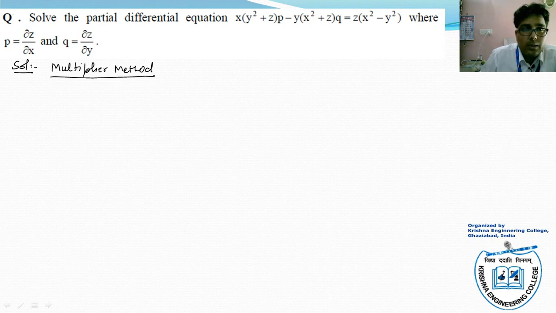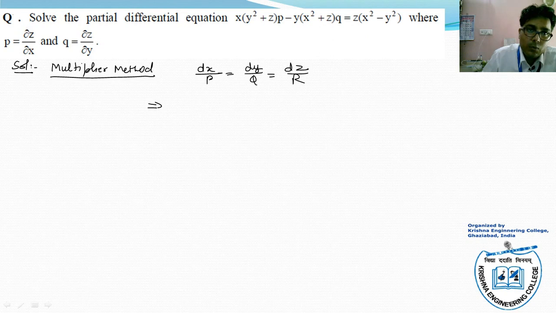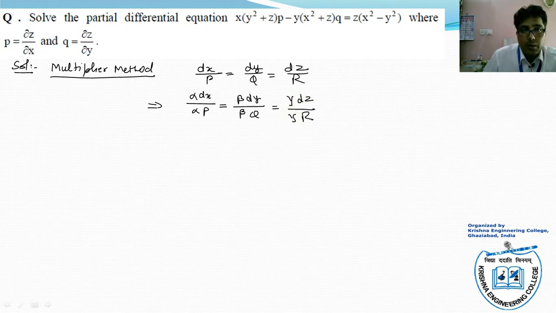Suppose the Lagrange equation is dx upon P, dy upon Q, dz upon R. Clear? If we multiply numerator and denominator by a constant, suppose alpha dx upon alpha P, multiply the second ratio by beta, beta dy upon beta Q, and multiply the third by gamma, gamma dz upon gamma R, all values are equal.